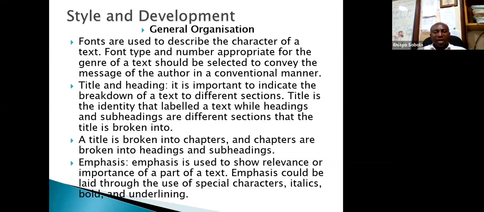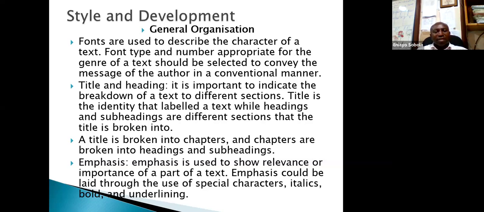It means that you want your reader to understand the specialty or uniqueness of a particular aspect of the text. So you can do that by making a particular part of the text different from others.